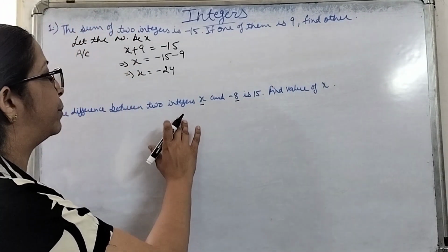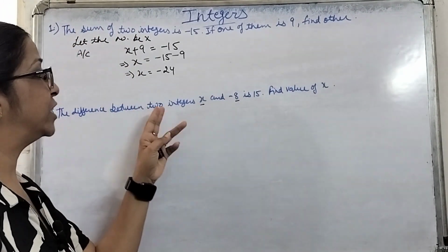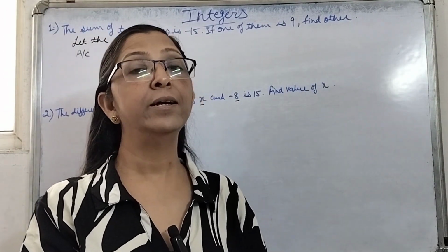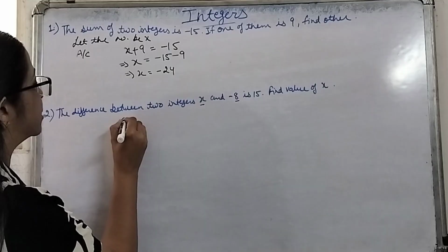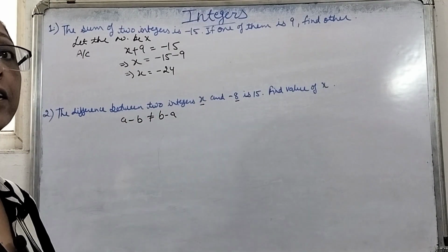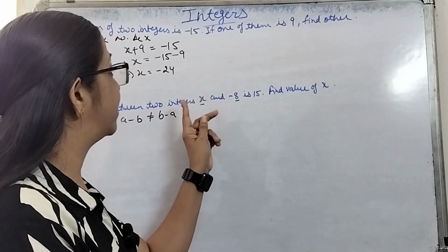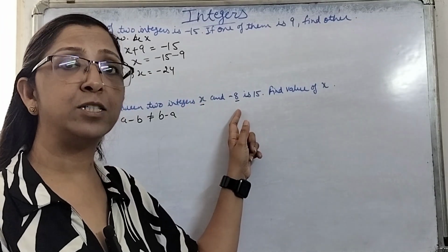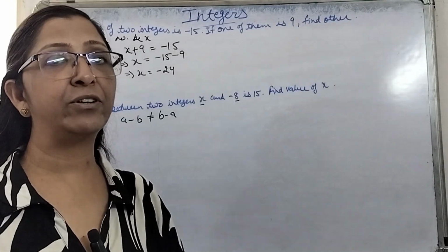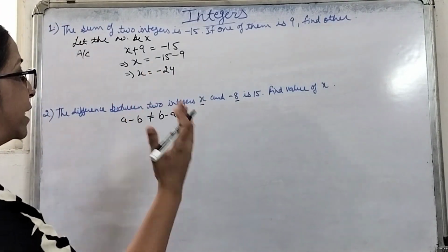We have already learned in our previous classes that integers do not follow the commutative property for subtraction. That means a minus b is not equivalent to b minus a. They both are different. That means if we subtract x from minus 8, the answer will be different, and if we subtract minus 8 from x, the answer will be different. They won't be the same. So we will be taking two conditions.